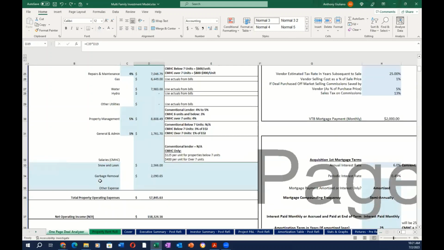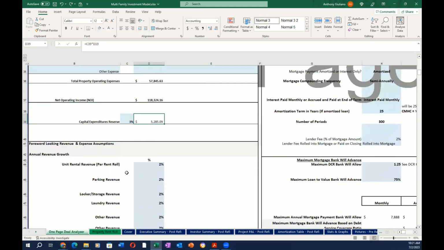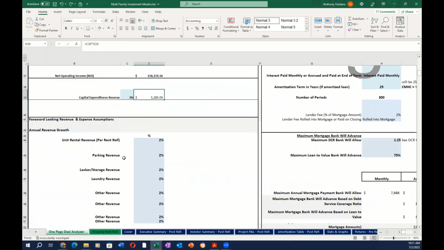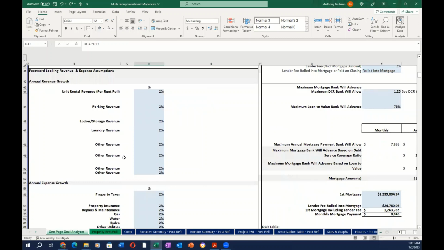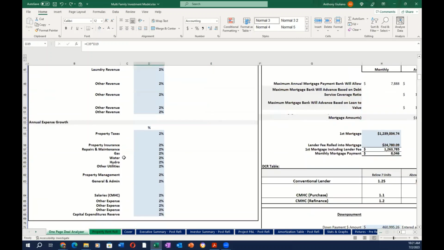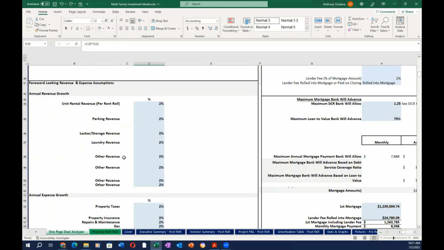So now you've got your full property profit and loss and your net operating income. The next step is to enter in some assumptions in terms of rent growth and annual expense growth. This section is really only applicable if you're going to be using this model to underwrite this property as a buy and hold.